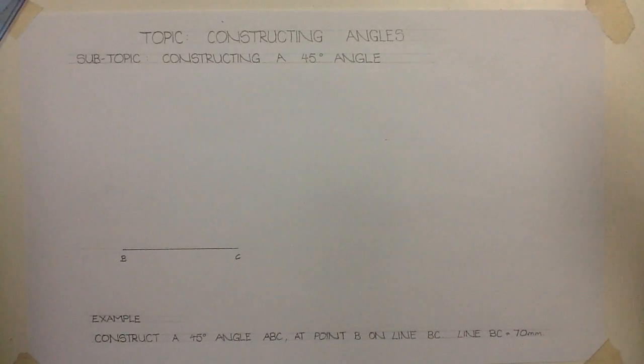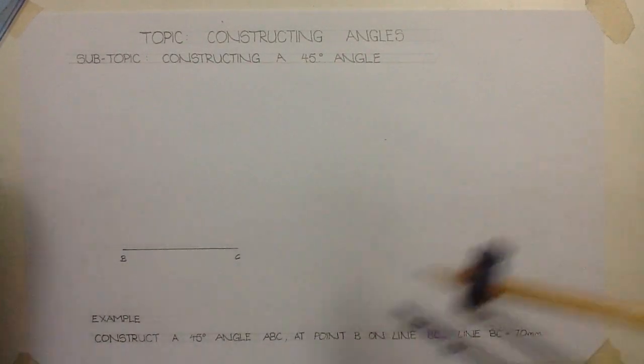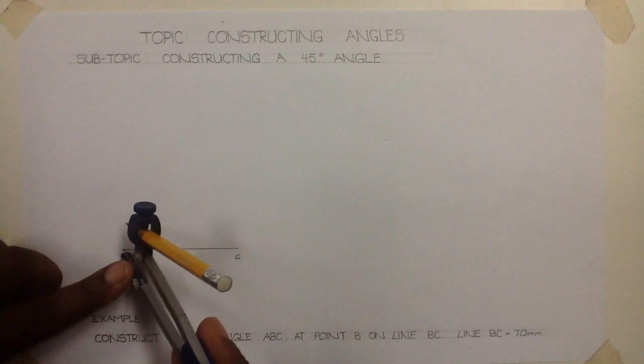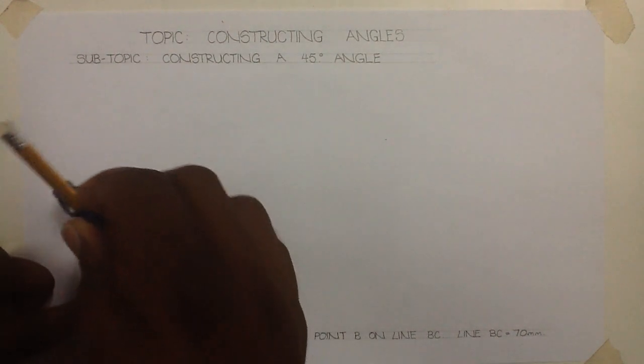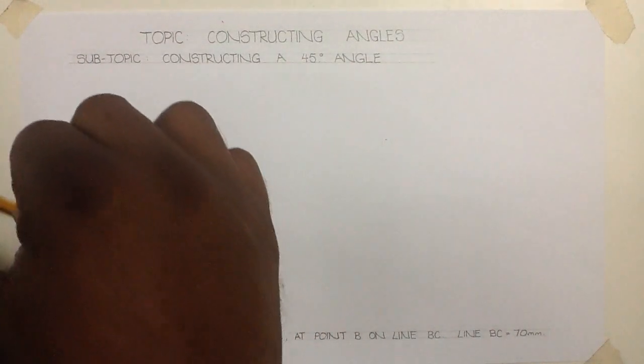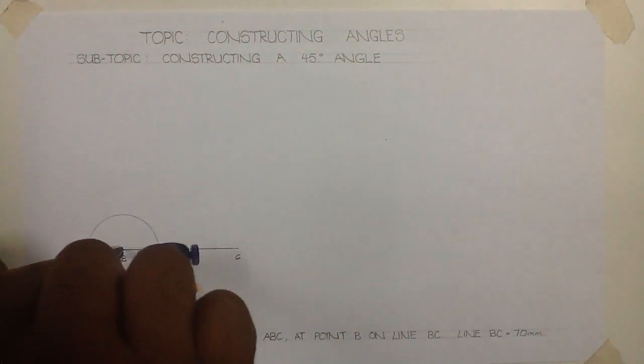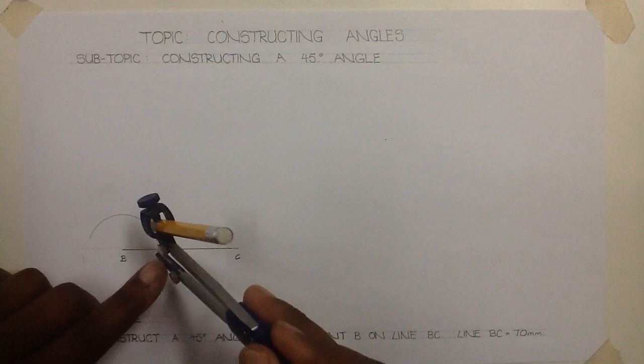This method requires the bisection of a 90-degree angle, and so for those of us who have already gone through the tutorial video for the construction of a 90-degree angle, you may as well continue with that procedure.